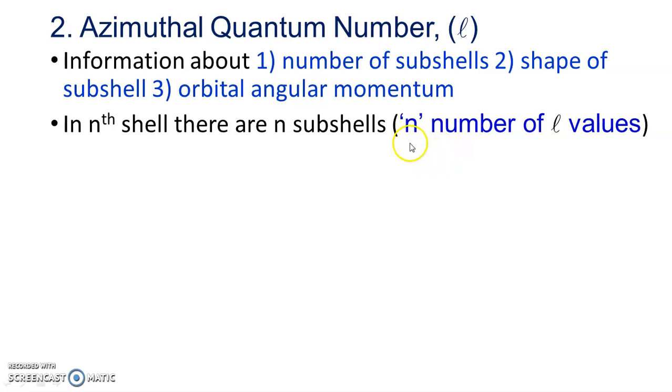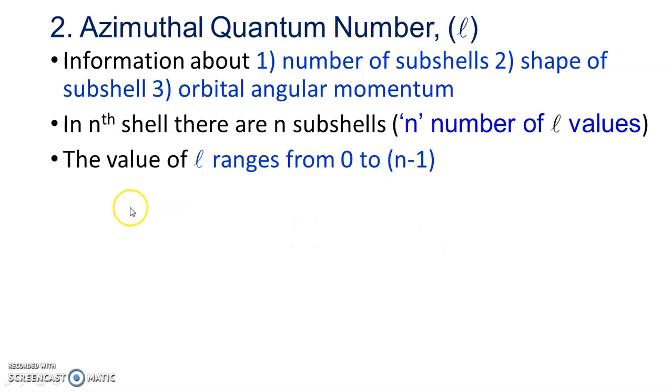The meaning of this is, for a given shell there are n number of l values. The azimuthal quantum number is denoted by small l, and in a given shell there are n number of l values. It means there are n number of subshells. Again, the value of l ranges from 0 to n minus 1.